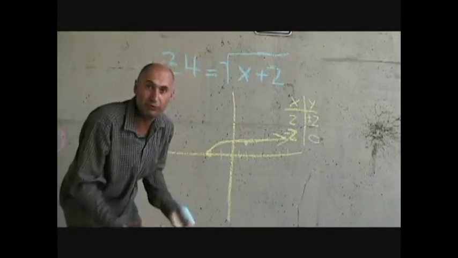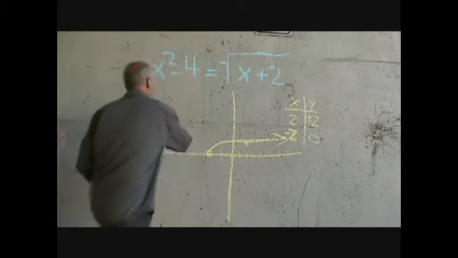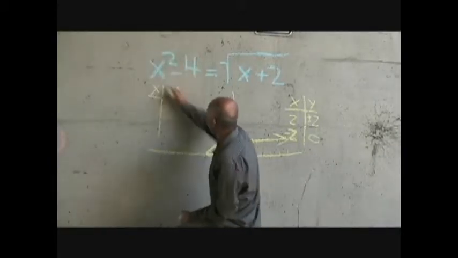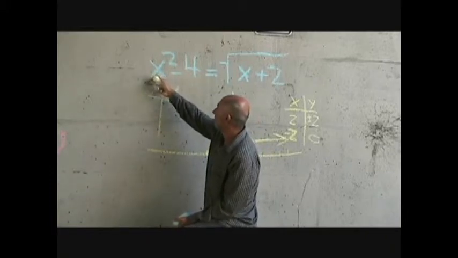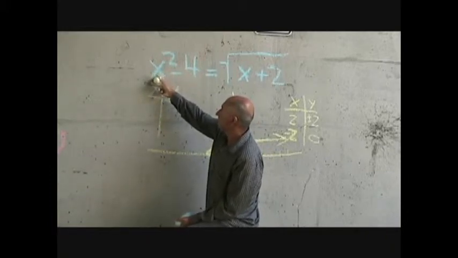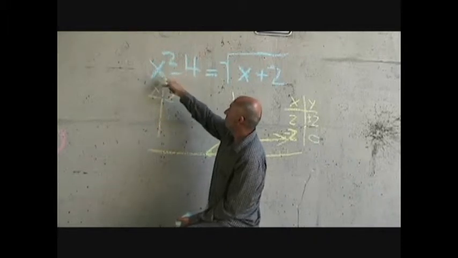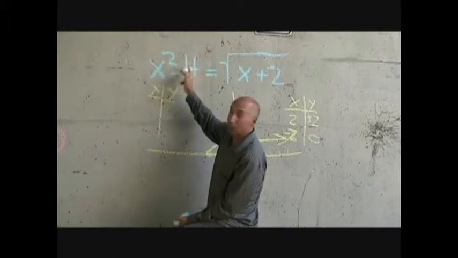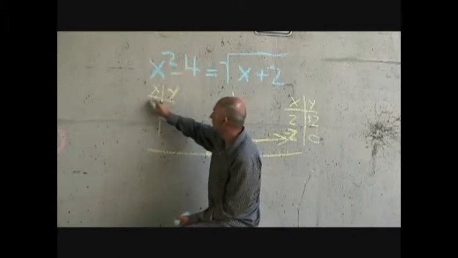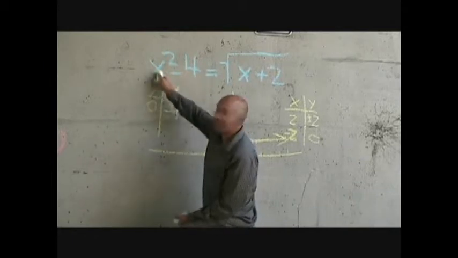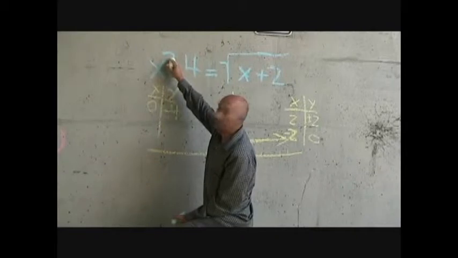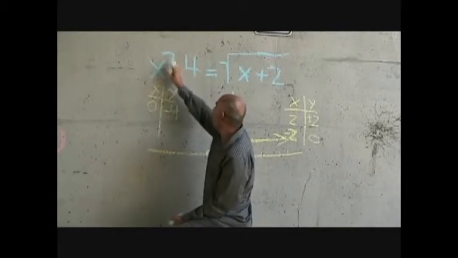This function, if we do a table of values for this guy, if you put x equal to 0, 0 squared is 0, and 0 minus 4 is just negative 4. So when x is 0, y is negative 4. When x is 2, 2 squared is 4, and 4 minus 4 is 0.